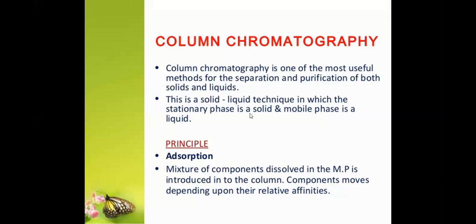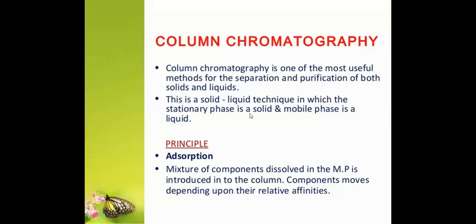Very simply, we can explain the principle: the mixture of components dissolved in the mobile phase is introduced into the column. Components move over the stationary phase depending upon their affinities, their adsorptivity.